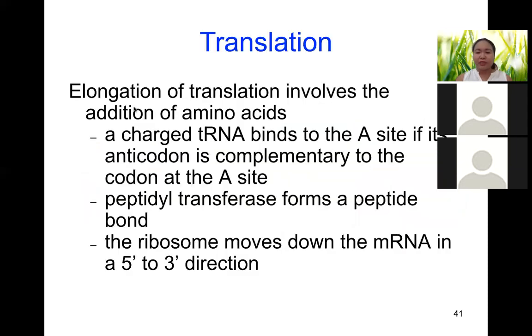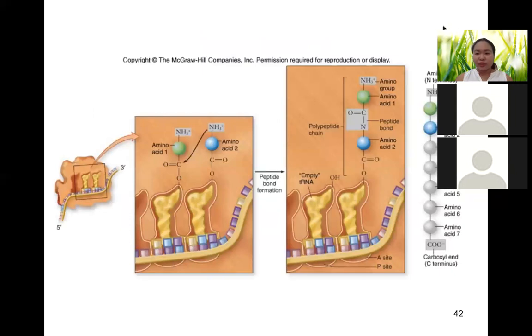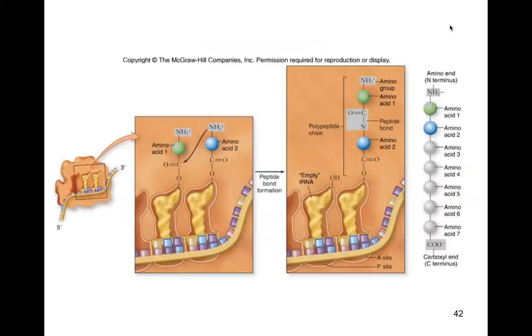And then the elongation of translation involving amino acid addition, and so on. So this is shown here on this figure. This is the addition of amino acids, how the peptide bond is formed, and the different amino and carboxyl terminals from amino acid 1 to 7, no?